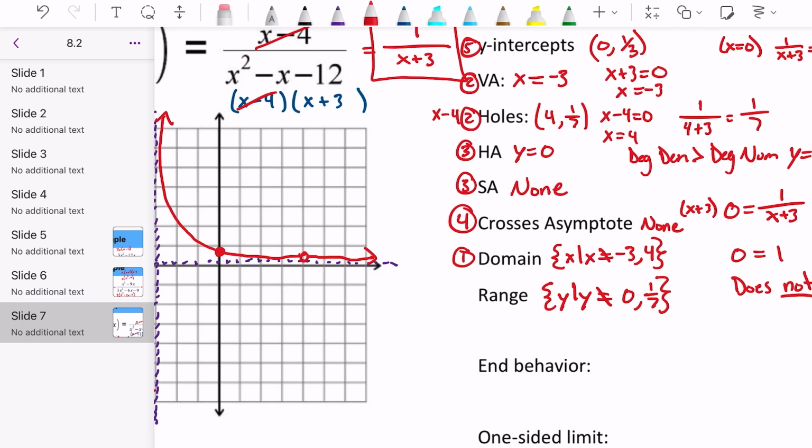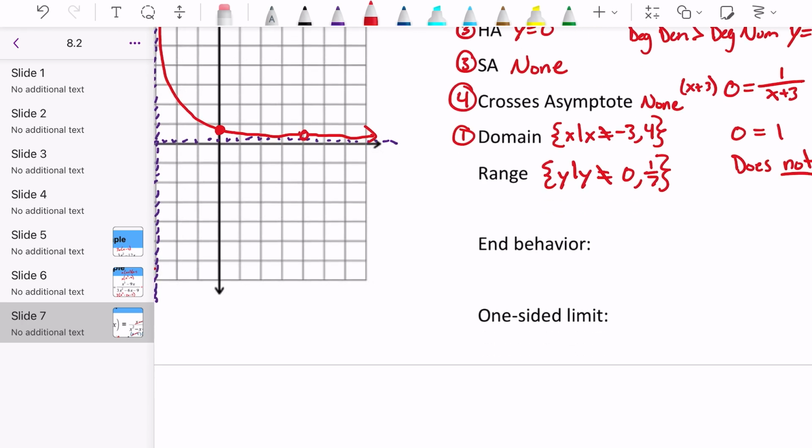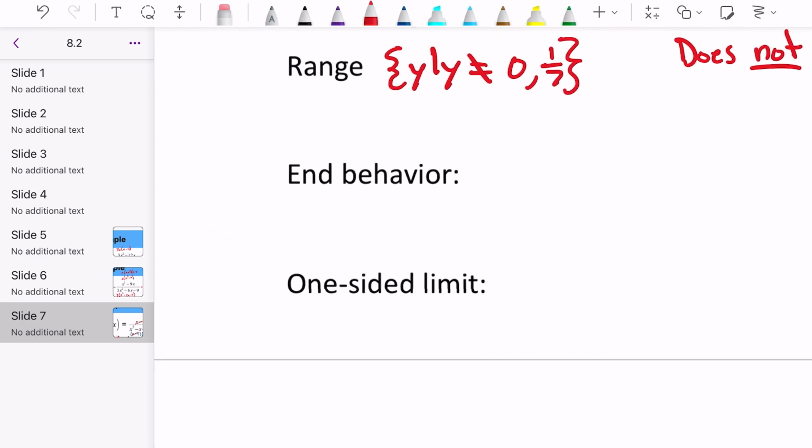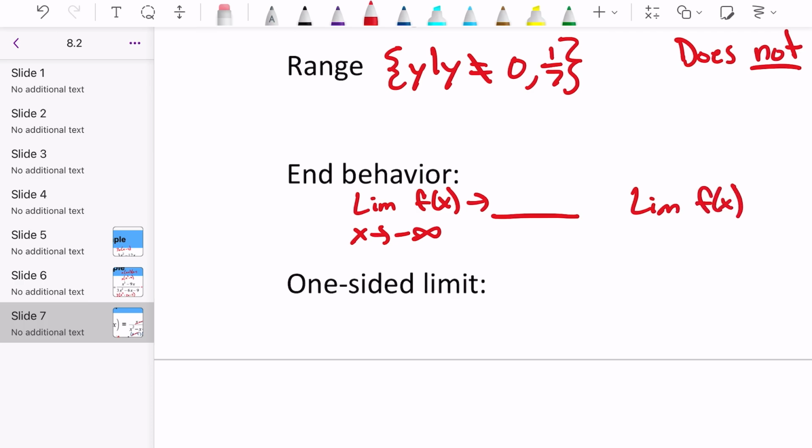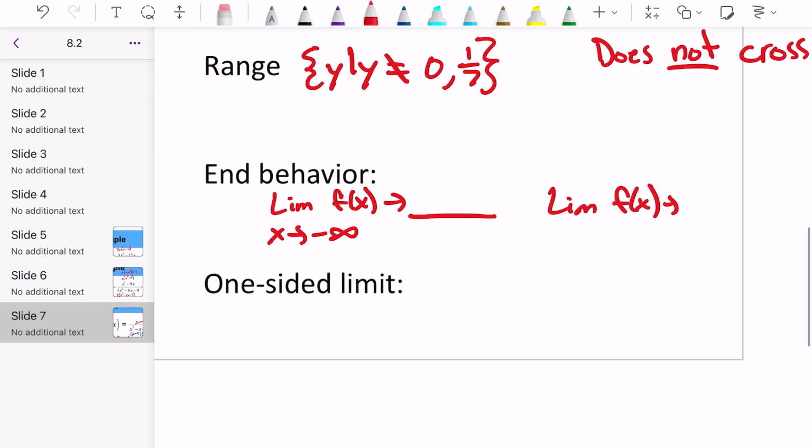Let's talk about end behaviors. The best way to represent this would be the limit of f(x) approaches something as x approaches negative infinity, and the limit of f(x) approaches something as x approaches positive infinity.